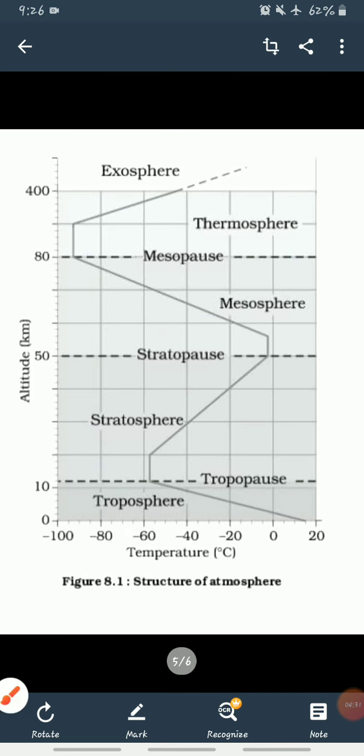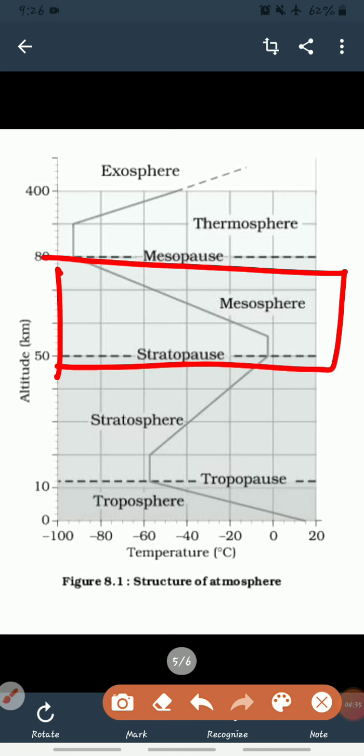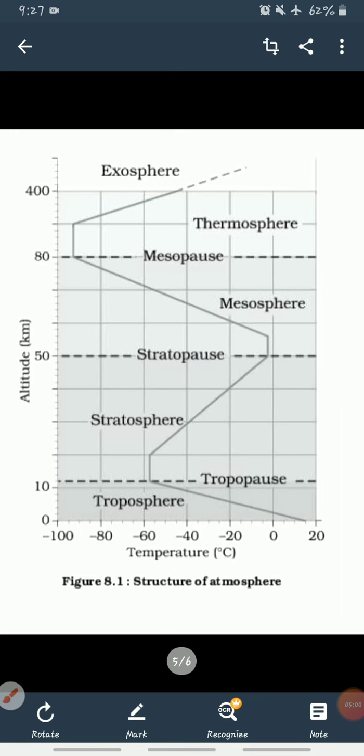Now you can see here, this is the mesosphere and the upper layer of the stratosphere, and this is the line of temperature increasing and decreasing. Here the temperature starts decreasing, then again increases a little bit, and then again from this layer it starts decreasing. Okay, now come to the next layer.